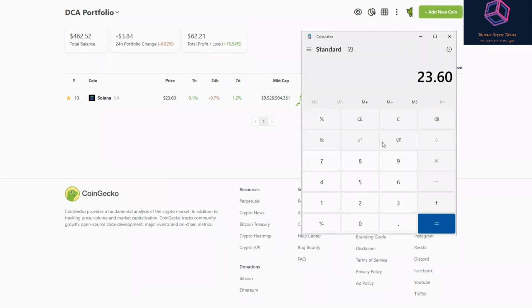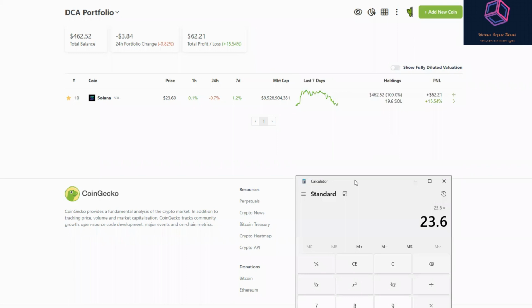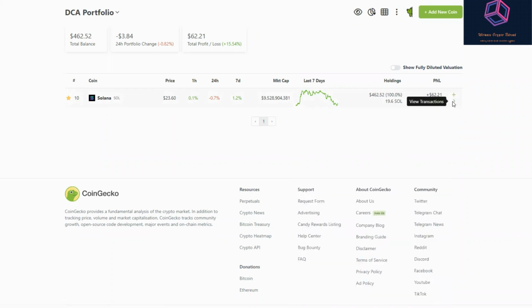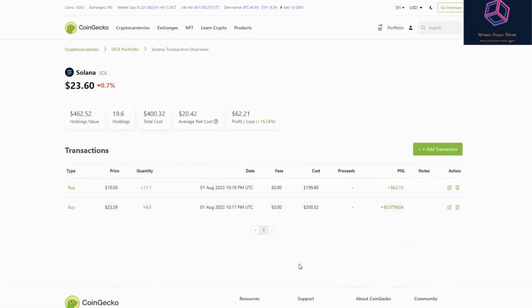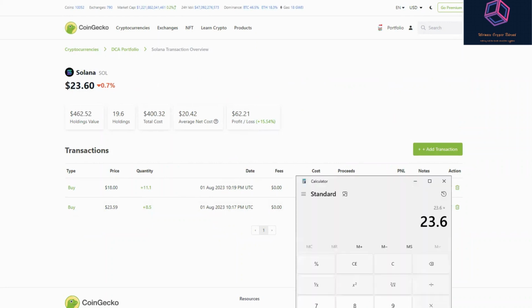Times that by the initial value that we actually bought. If you look at the transactions, this will give us a very nice and clear picture of what we actually did, right?